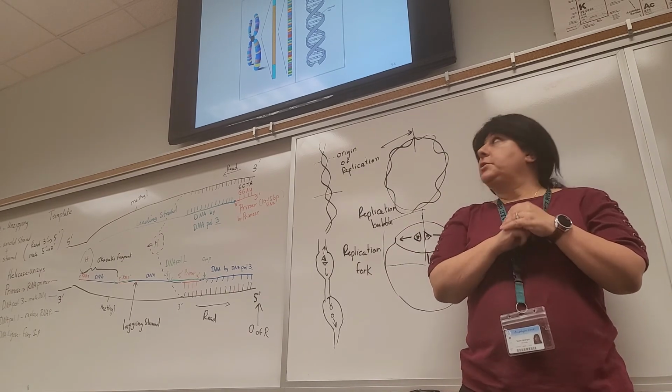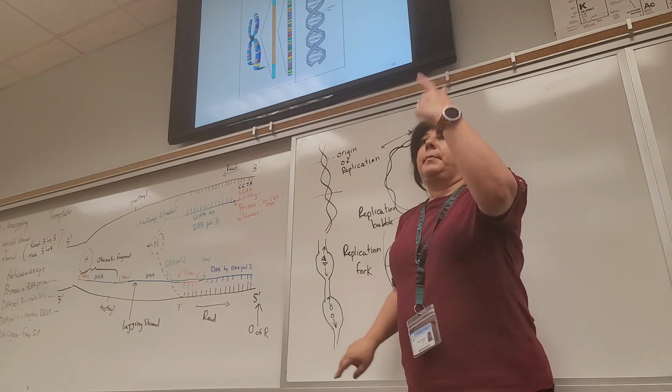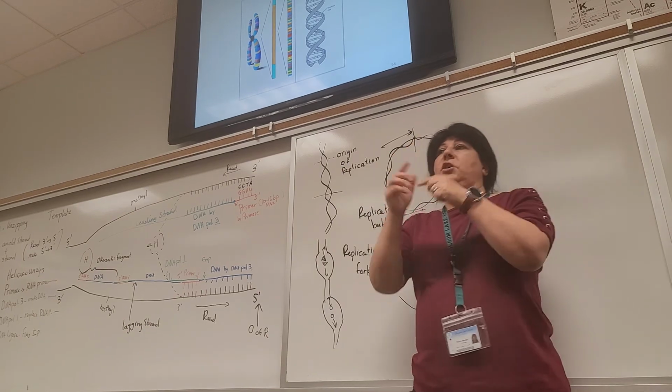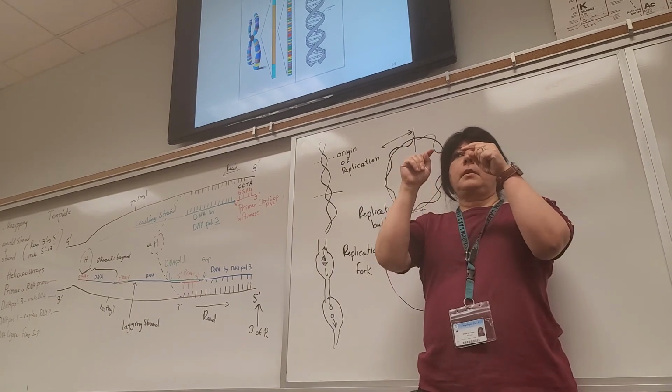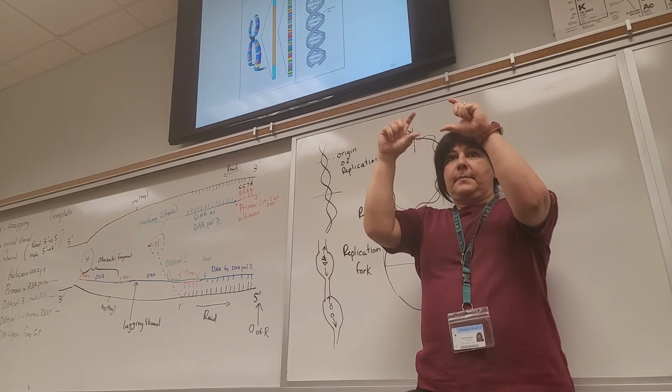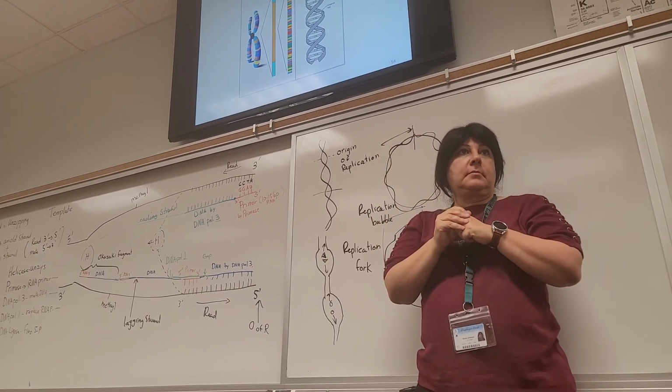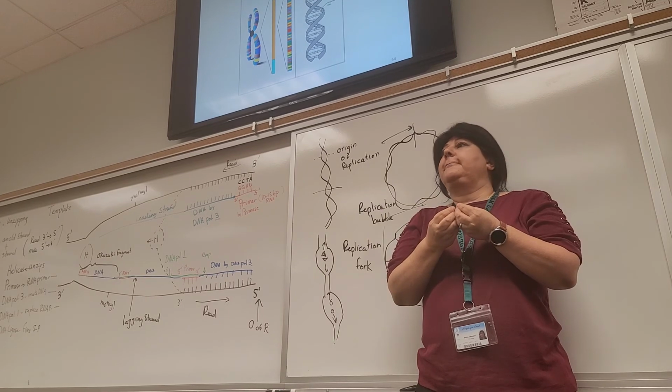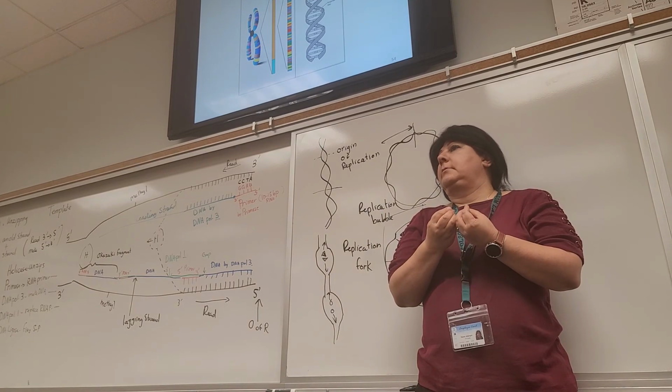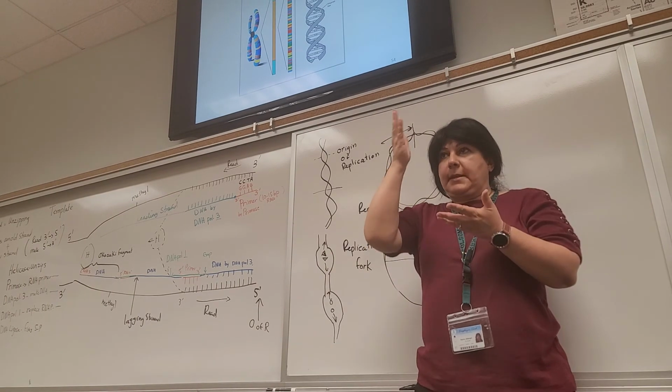All right, gene expression. Reminding you guys, we kind of talked about this process. So genes are segments on your chromosomes that have the information for a specific protein. Your chromosome is made up of DNA.